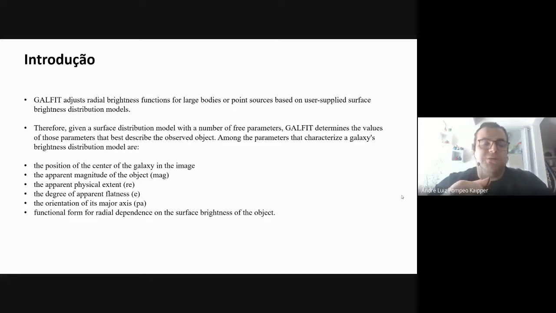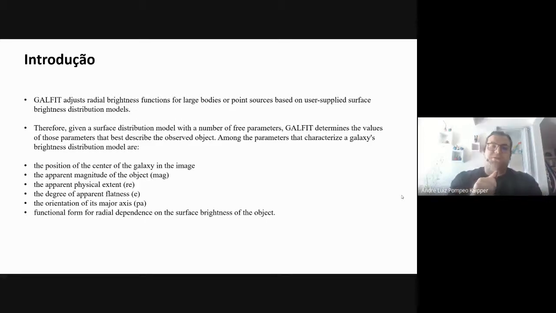So GALFIT needs a model, which I'll talk about in the next slide, with a number of free parameters. I give it a guess about these parameters, and the routine builds a model with the convergence of these values. So GALFIT determines the values of those parameters that best describe the object.